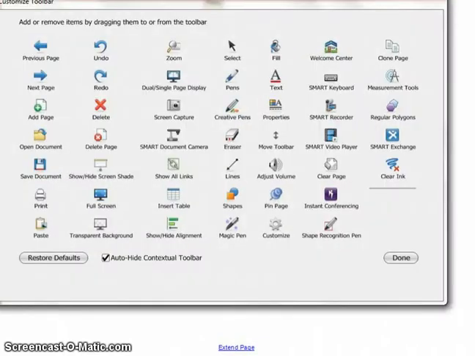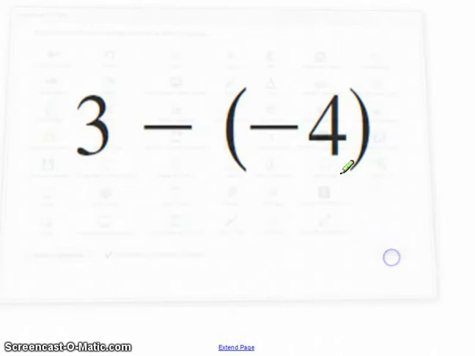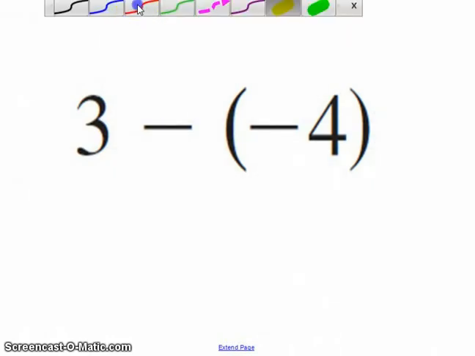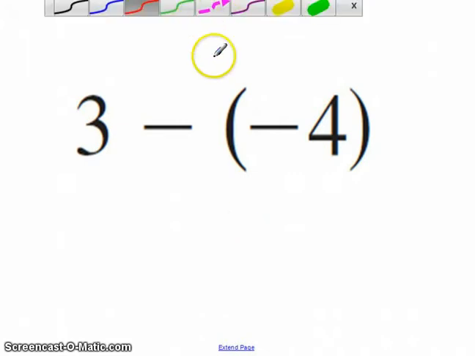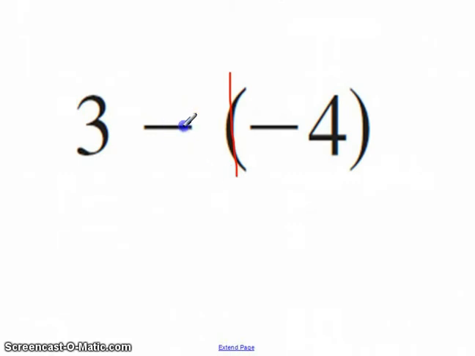Anytime you see minus minus, you can change that to plus. 2 minuses cancel each other out. That's the way to think of this. 2 minuses cancel each other out and become a plus sign. So from now on, when you see minus minus, just go ahead and draw a plus right on top of that. That becomes 3 plus 4, or in other words, 7.